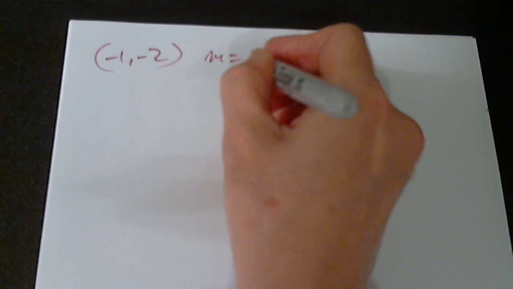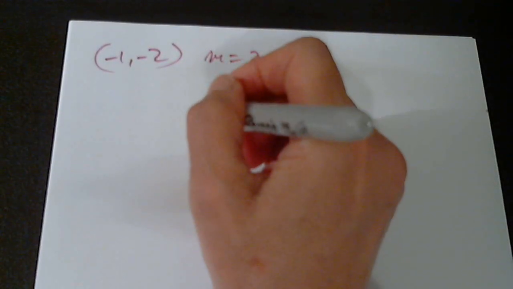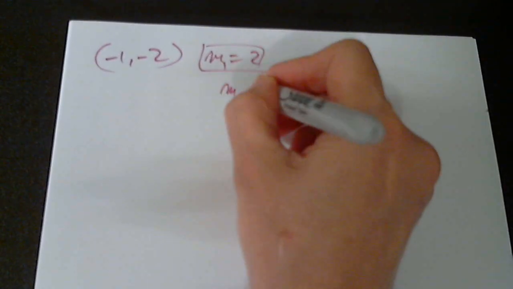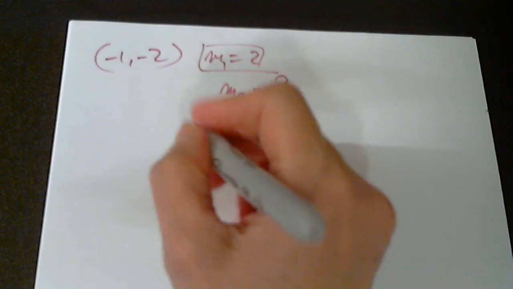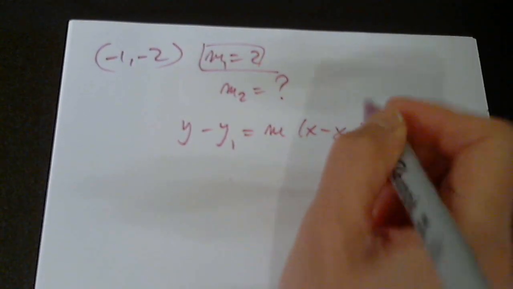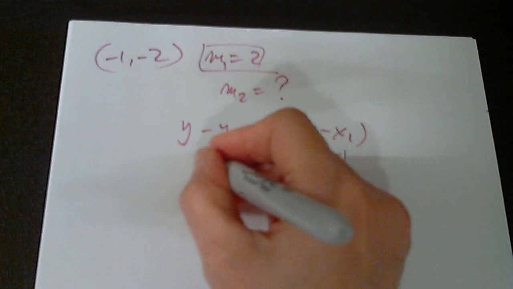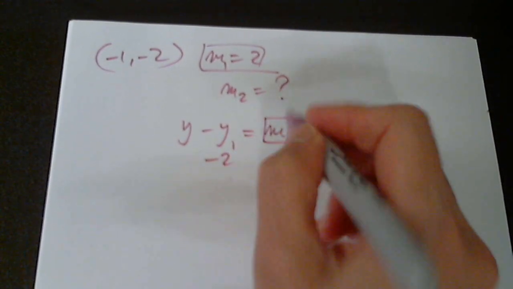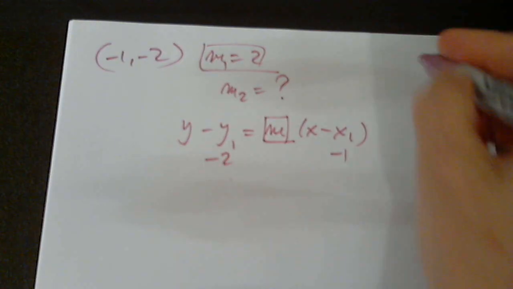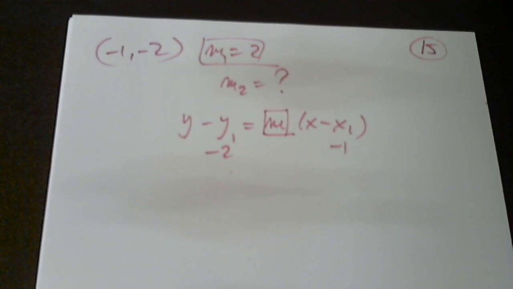The slope of the original line is 2. So this is m1, we have to determine m2. And then we have y minus y1 equals the slope times x minus x1, where we have -1 and -2, but we have to determine the slope.